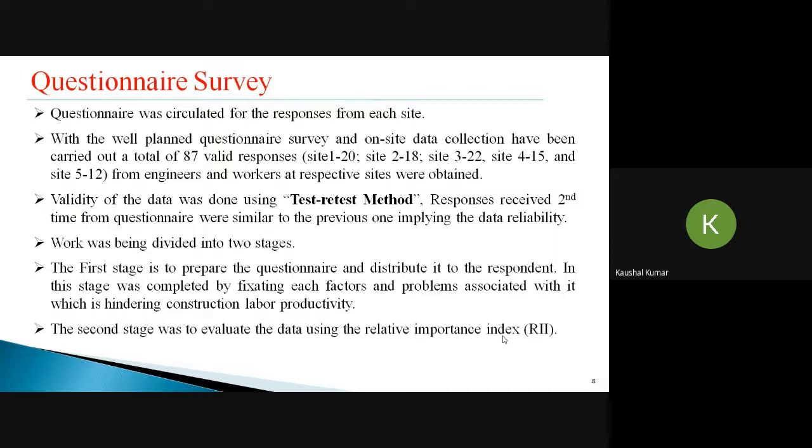Right now we got 87 valid responses, distributed as site 1: 20, site 2: 18, site 3: 22, site 4: 15, and site 5: 12, from the engineers and workers working at the respective sites.